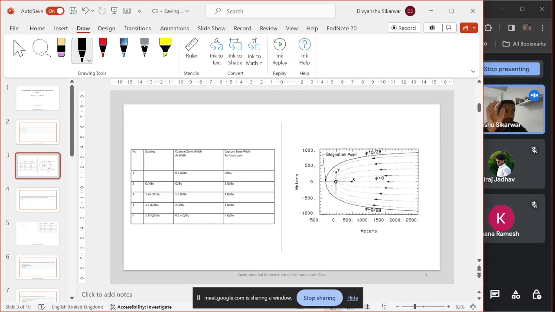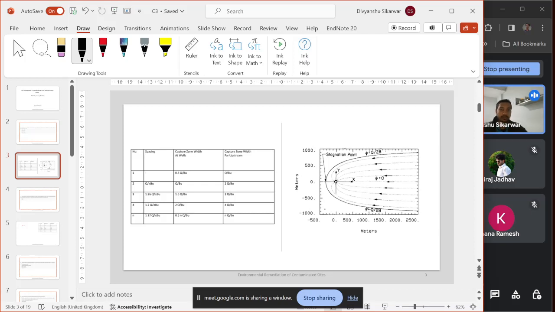If you have attended the week 3 lecture, after completing the risk assessment, we came to discuss the remediation methods. One of the methods for remediation, specifically for groundwater, is that we can create a barrier around the contamination and restrict it, or we can pump out the water which is contaminated.